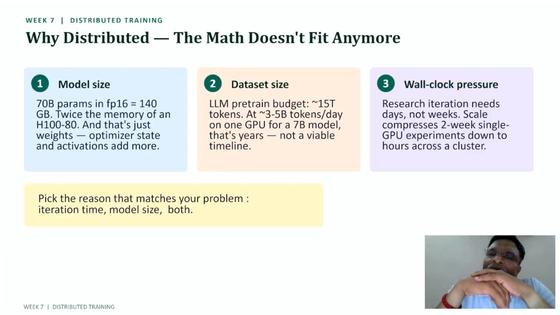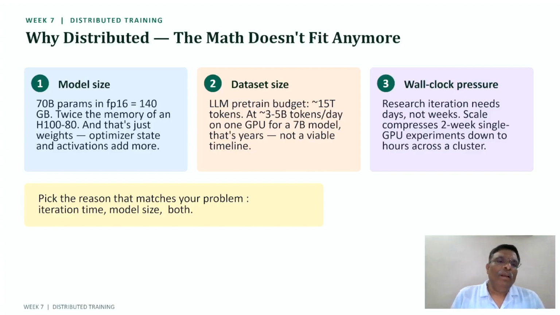And since this is the status, the pressure and the return on investment required by the companies is that we need to compress a 2-week single GPU experiment down to basically hours across a cluster. So this is the actual need.